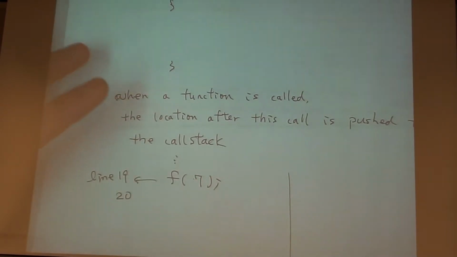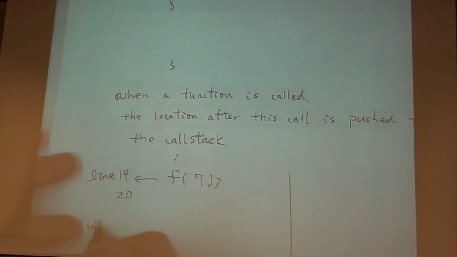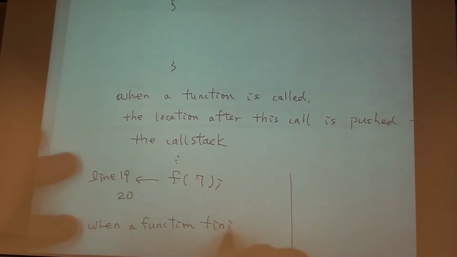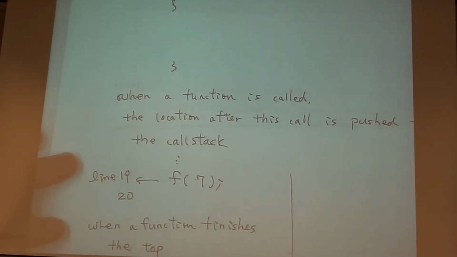So that's the first rule. When you call a function, the return location is always pushed to the call stack. There's no exception. When the function finishes, the top, we call this a frame.